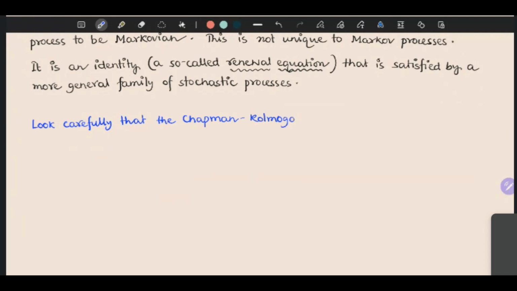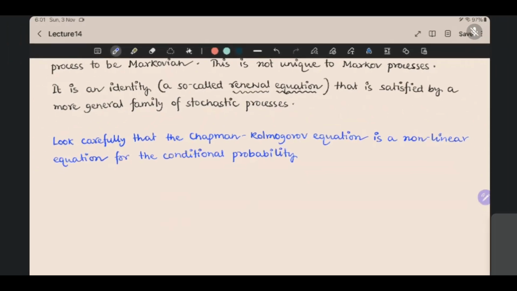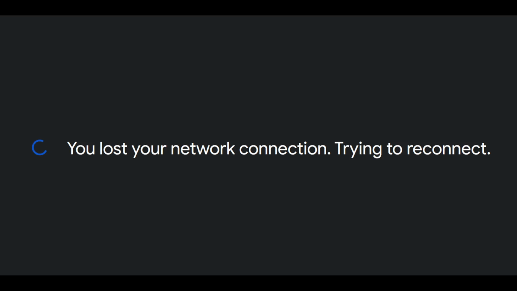The right hand side of the equation is quadratic in P, right?